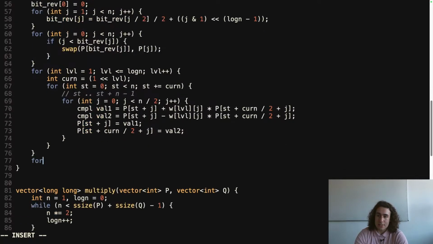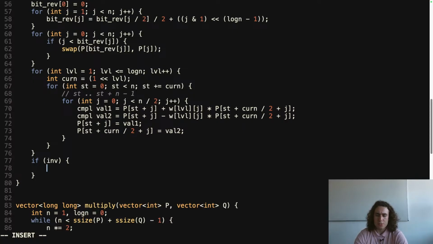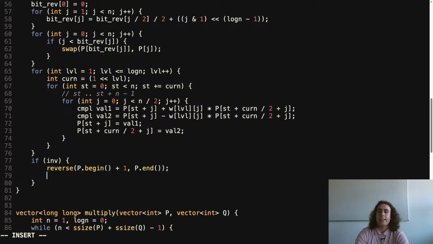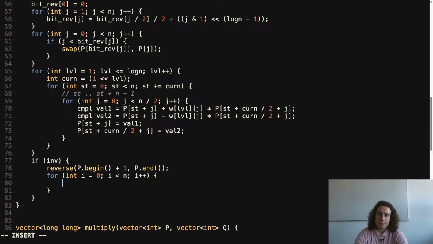But if this flag is set, so if we have an inverse FFT, what do I need to do? I need to reverse everything starting from the first position, and then I need to divide everything by n. So p[j] divided by n.